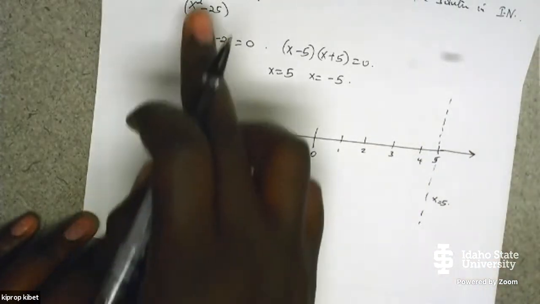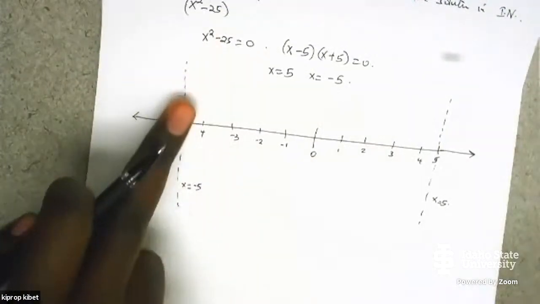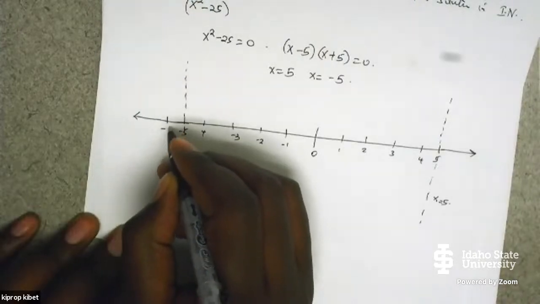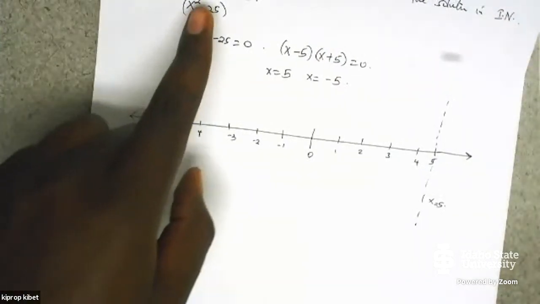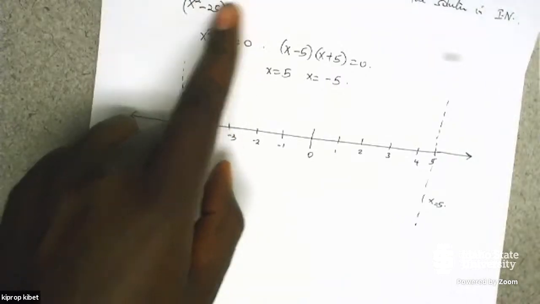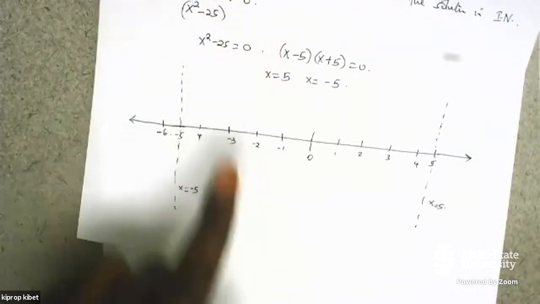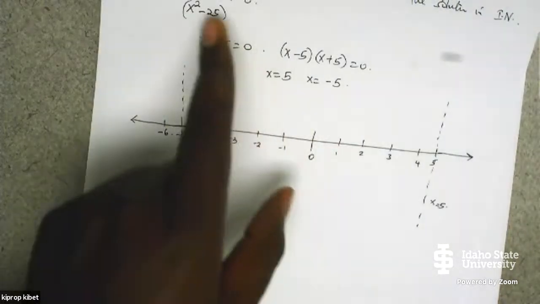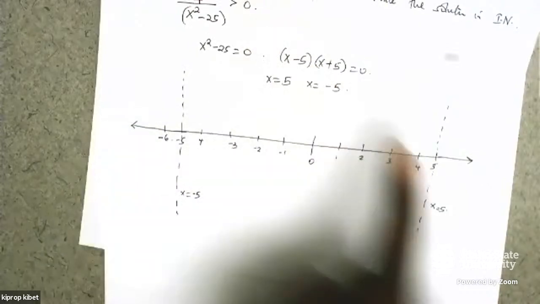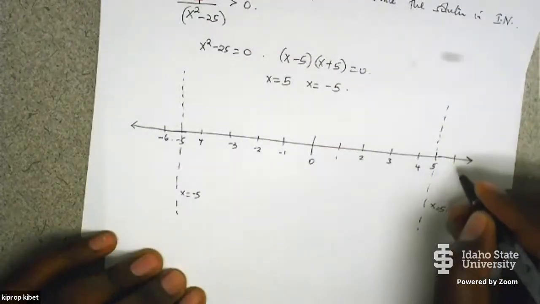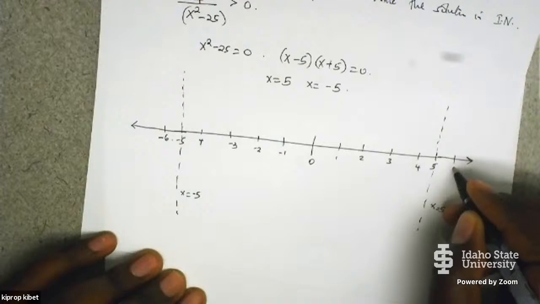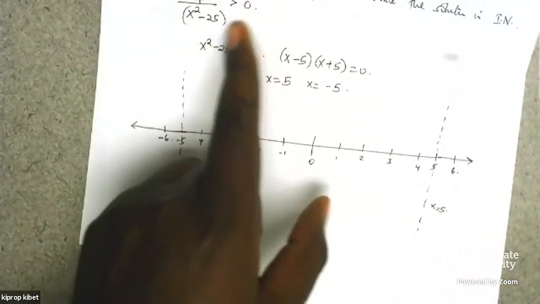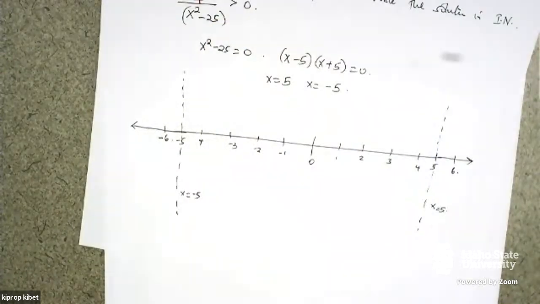Once we take this back to this equation, we want to see whether, when we have the value here, let's say of negative 6, is it greater than 0? When we have the value within this region as 0, is it greater than 0? And if we have the value after 5, let's say 6, is it greater than 0?